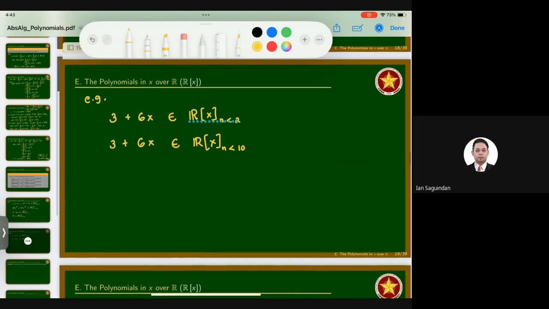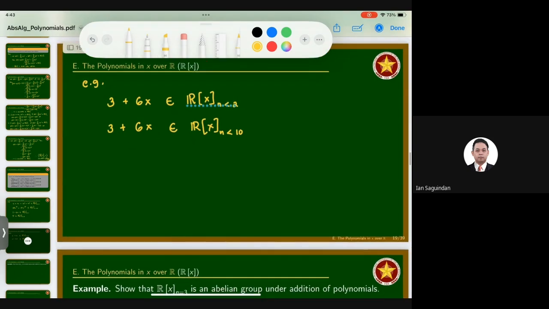Okay? Say we have 4 plus negative 6x plus 12x squared. We can say that this is a polynomial of degree, say, less than 3. It's okay.